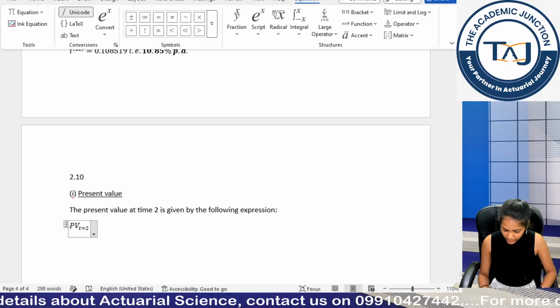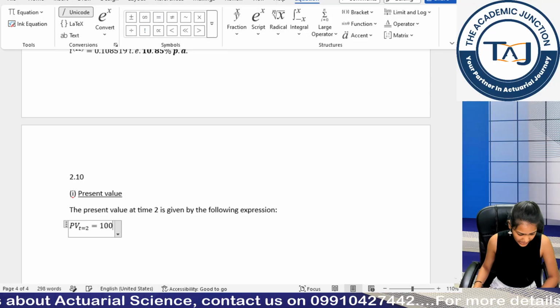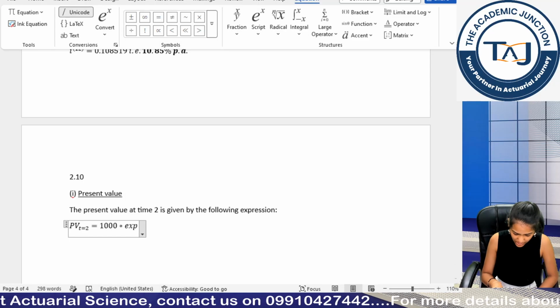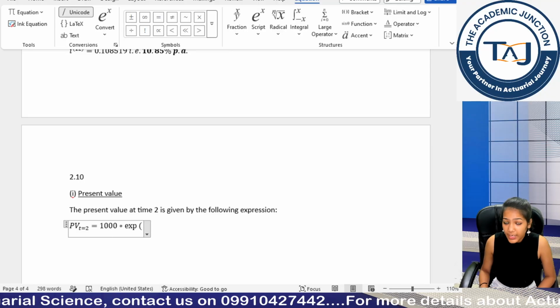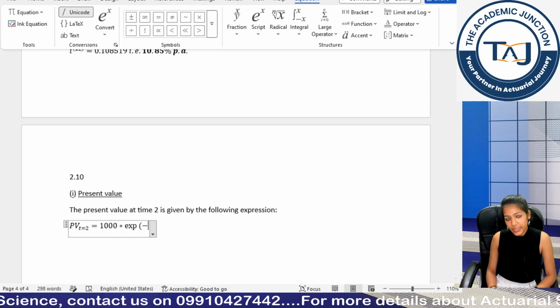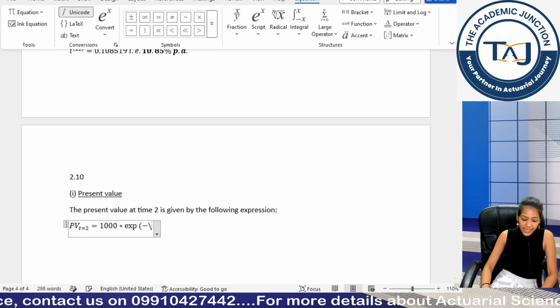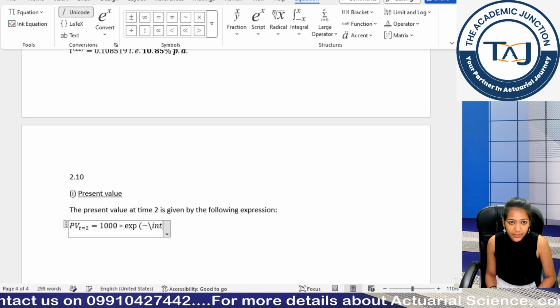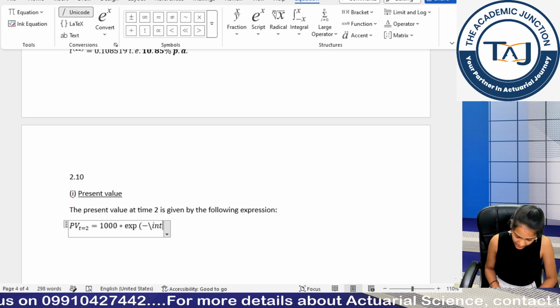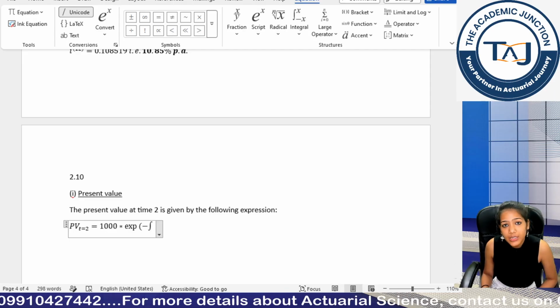No doubt, equal to 1000 star exponential brackets. Now we have a minus sign. For integration, we type backslash int and give a space. We got this integration.